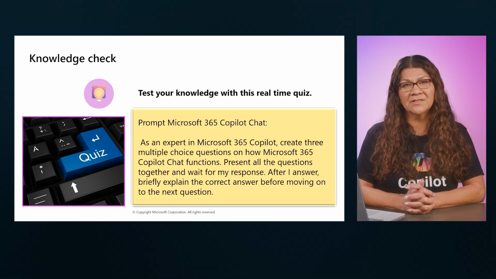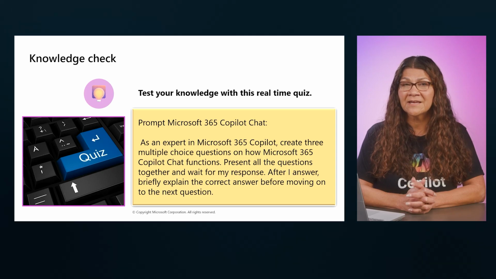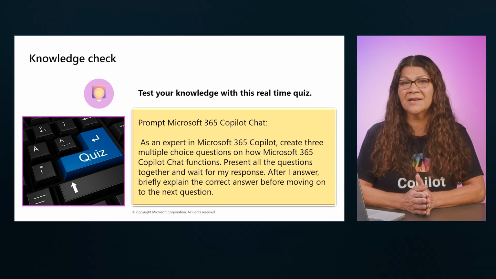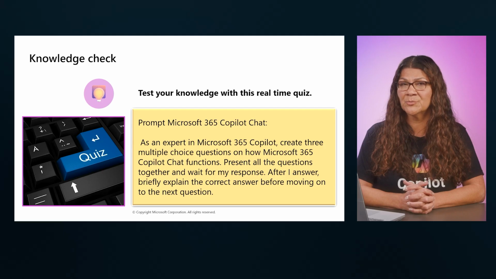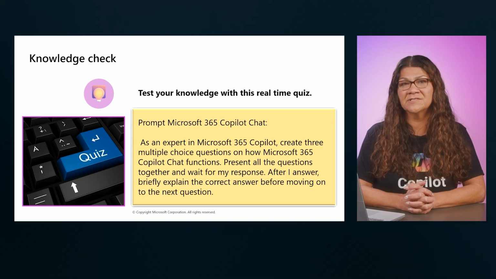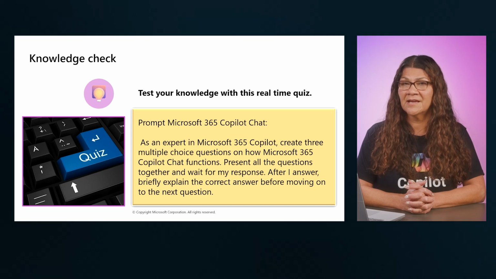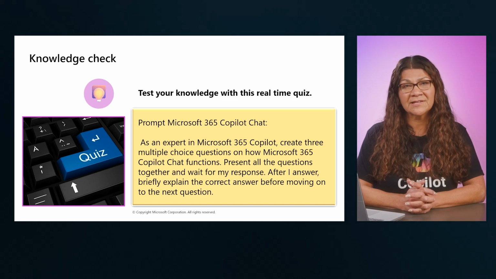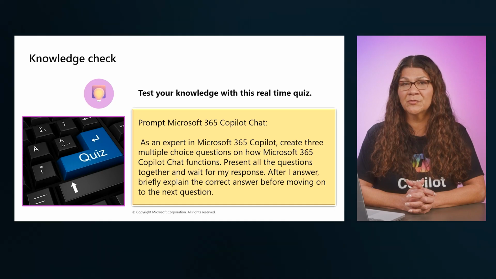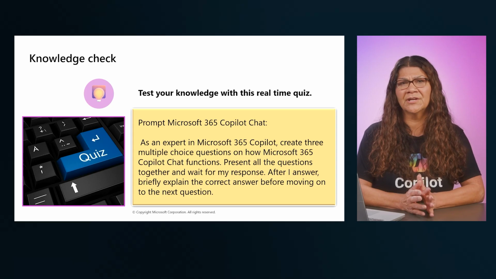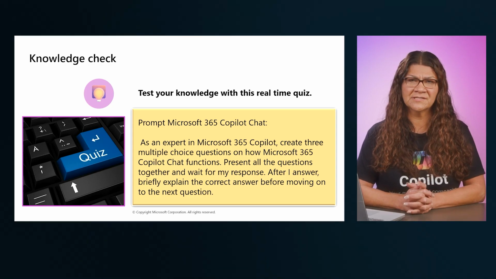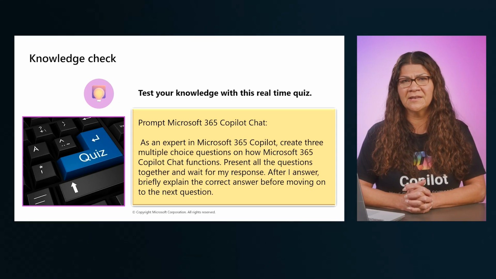As an expert in the Microsoft 365 Copilot, create 3 multiple-choice questions on how Microsoft 365 Copilot Chat functions. Present all the questions together and wait for my response. After I answer, briefly explain the correct answer before moving on to the next question. Feel free to add a little bit more here if you'd like, more than 3 multiple choice questions if you want to do that, for a deeper review of our content.